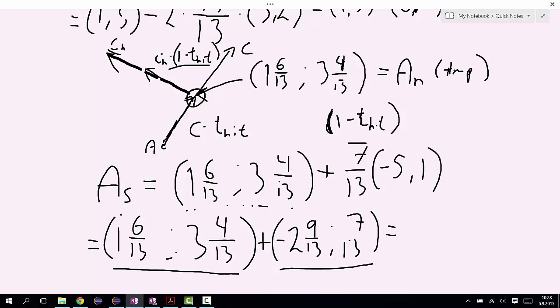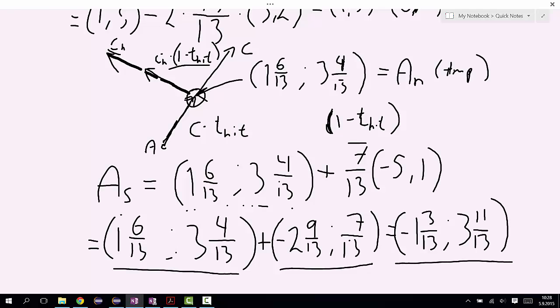So that's minus 1 and 3/13. And then we have 3 4/13 plus 7/13. 4 plus 7 is 11. So that would be 3 and 11/13.